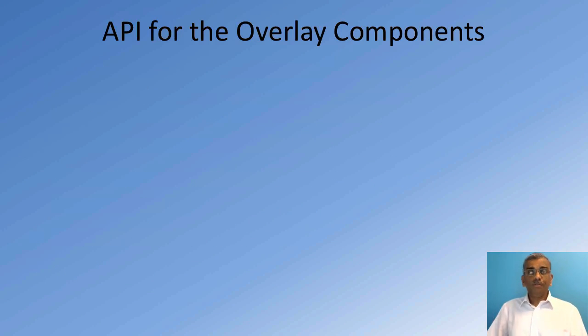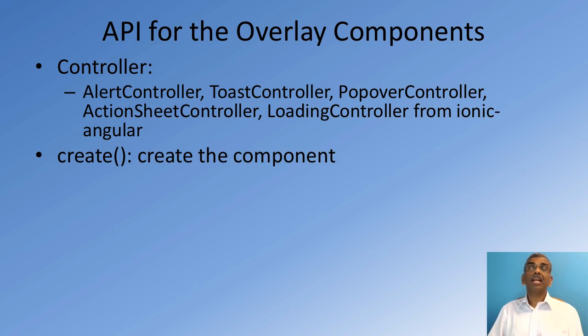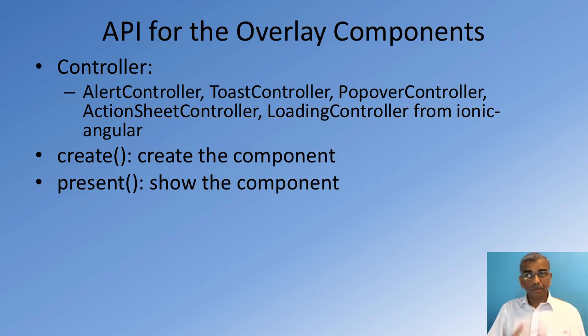So how does the API for all these various components look like? You would find that most of the APIs, the way you make use of these components, is very similar in nature. You will see that all of them require you to import a corresponding controller into your application from Ionic Angular, and thereafter most of these will on the controller support methods like create, which allows you to create this component, and then when you are ready to display the component on the view, you will call the present method on the created component, and the component will be displayed on the view.